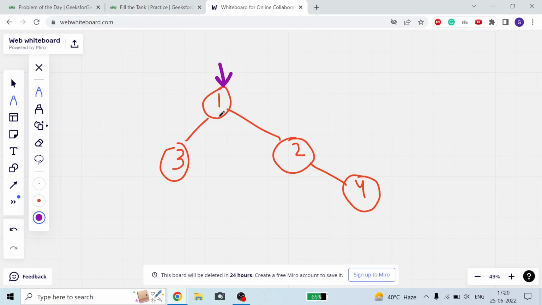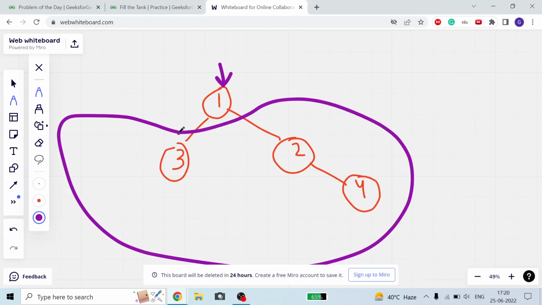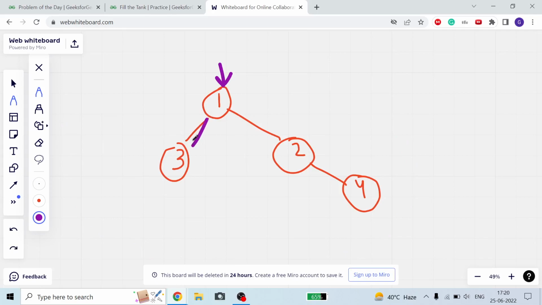Now I will go to 3, I will go to 2, means I will try to find out how much amount of water the children of 1 need in total. Okay guys, so first it will go to 3. Now 3 will say in my left I don't need any water, so requirement is 0. In right side I don't need any water, so requirement is 0.